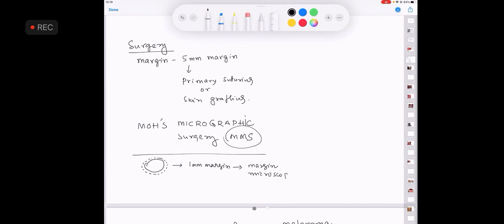Until the microscopic margin is negative, he goes on cutting 1 millimeter, margin positive, 1 millimeter, margin positive, 1 millimeter. So either you can go for a direct 5 millimeter margin, or you can go on cutting 1 millimeter at a time till you get a negative margin. The advantage in Mohs is that it makes you cut less. And as I've said, basal cell cancers are good cancers.